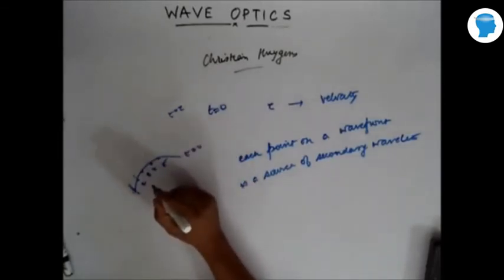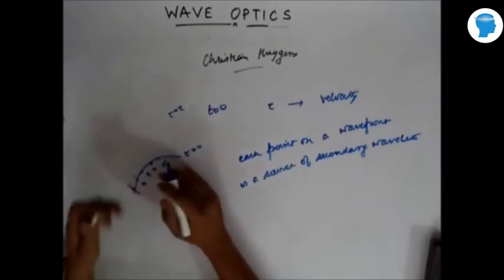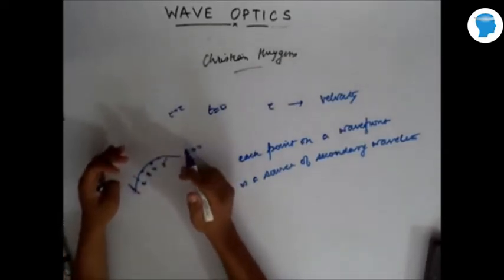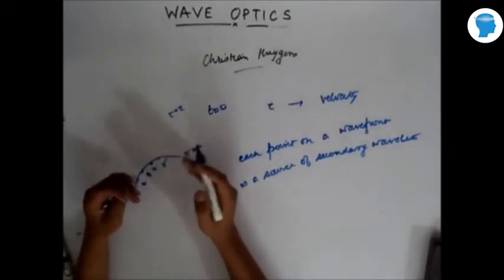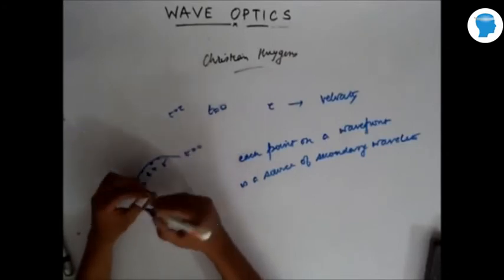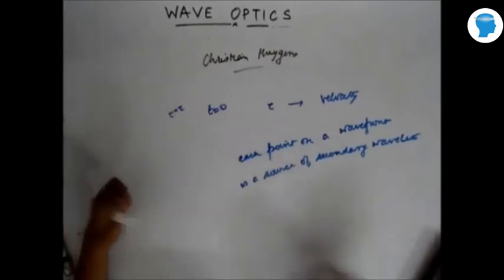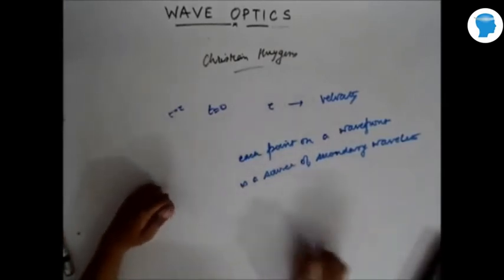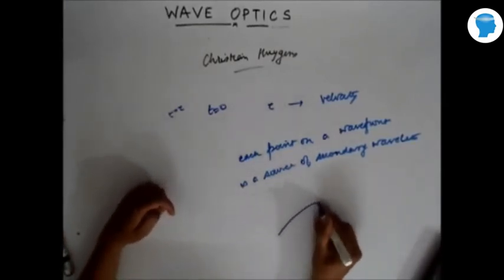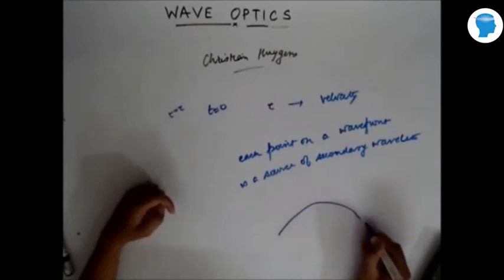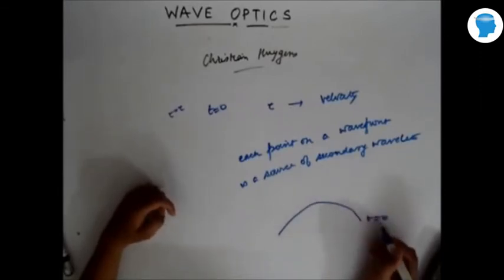Now to find the shape of the wavefront at any particular time tau, we need to basically do a geometric construction. So what we do is, let's say that this is my shape of the wavefront at time t equal to 0.